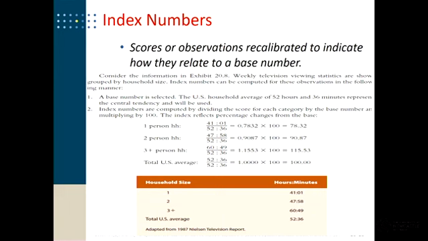Another one is index numbers. Calculating or creating an index number is another form of data transformation. Have you ever seen an index number? Are you familiar with any particular index? Do you follow any particular index?